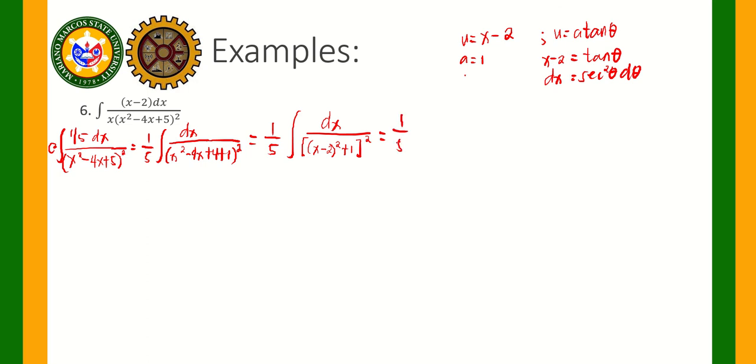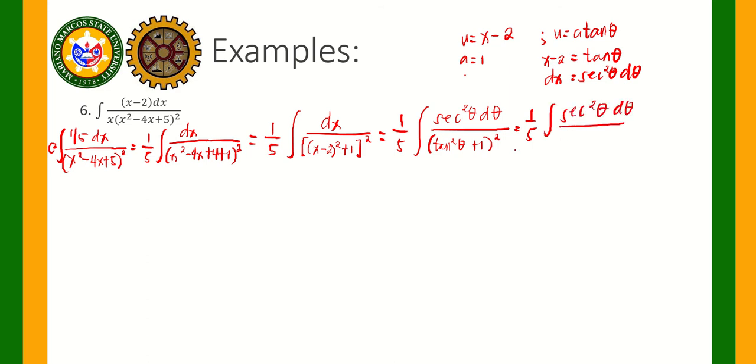So, this will be equal to 1 over 5 times our dx, which is secant squared theta d theta all over tangent squared theta plus 1 quantity squared. Again, tangent squared theta plus 1 is equal to secant squared theta according to Pythagorean relations. So, this will be equal to secant squared theta d theta all over secant squared theta raised to 2.